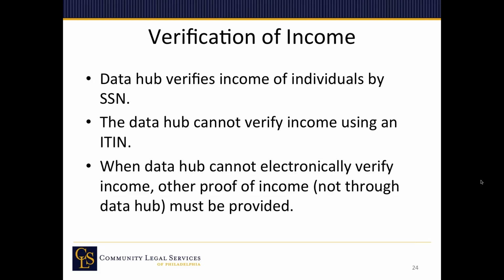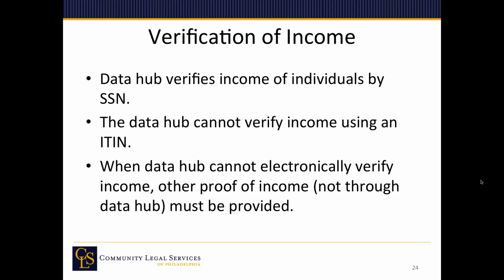And unfortunately, that means a lot of undocumented people who are filing taxes cannot use the data hub to verify their income. But then a lot of people who are in more informal work situations, people who haven't filed taxes, they also cannot electronically verify their income using the data hub. And they must submit other proof of their income.